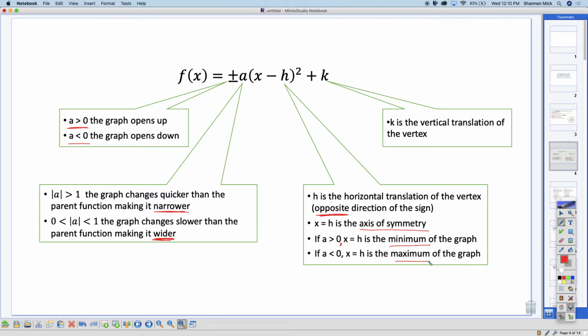And K is my vertical movement, and it's always the same as the sign. Now, is this a review of what we already have done? Yes. So I'm just going to get a little bit more picky with it than I was before.